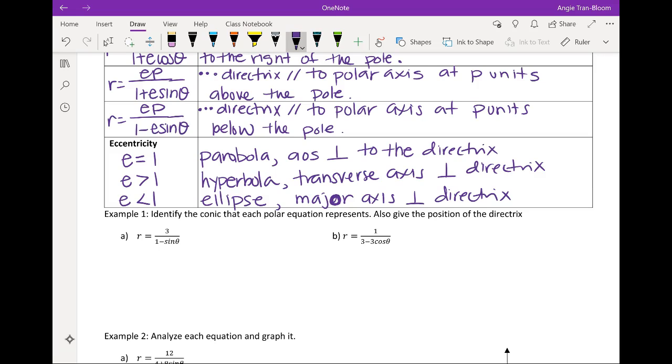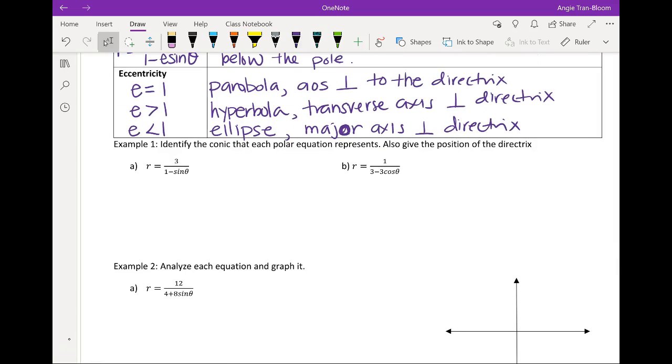So example 1 is supposed to kind of lead us easily into graphing. So in 1, we don't have to do any graphing. Identify the conic of each polar equation that it's representing below. Also give the position of the directrix. Okay, here we go. Number 1A, R equals 3 divided by 1 minus sine of theta.